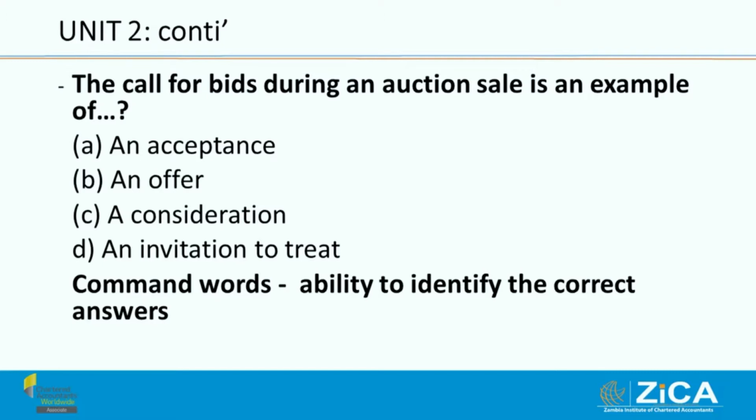So that is what we refer to as an offer. So the auctioneer is making an offer to you to sell whatever it is that they are selling at the price that they have indicated. It is now for you to accept the offer that has been presented to you. So here, between the two likely options, that is acceptance and an offer, the only correct answer there can be is B, which is an offer.